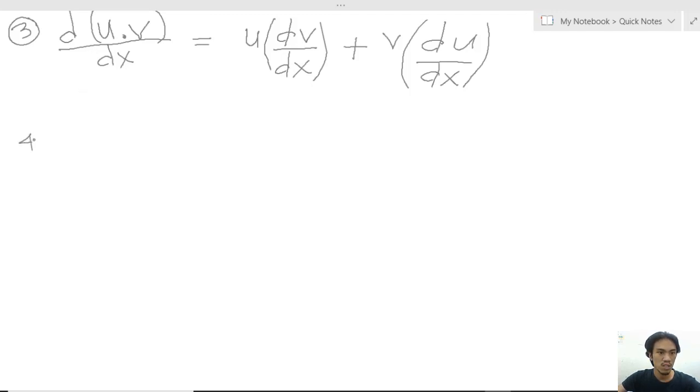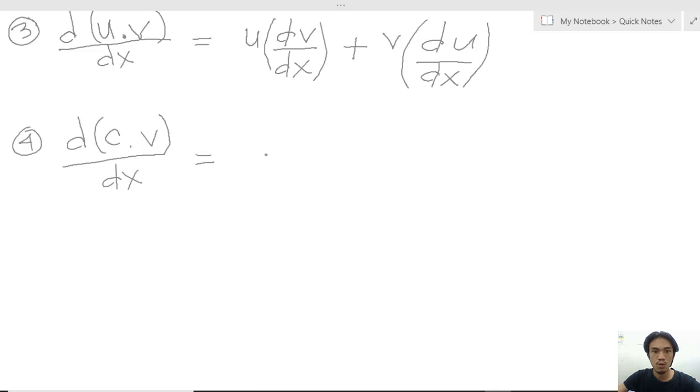The fourth one is the derivative of c multiplied by v with respect to, again, x. Take note that c here is a constant and v is a function or a variable.